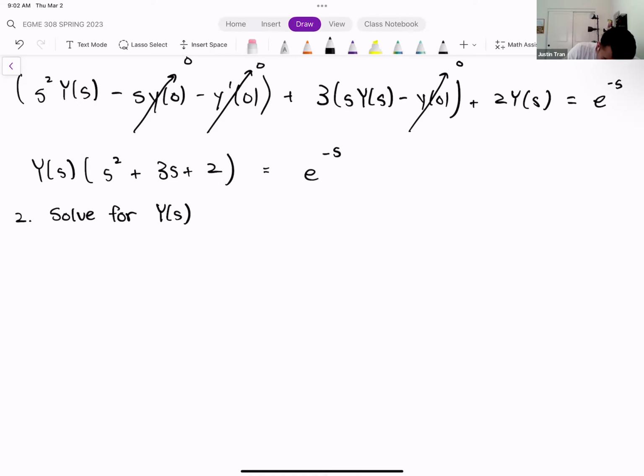And so we have Y of s is equal to e to the minus s divided by s squared plus 3s plus 2. Okay. Let's go ahead and factor out that denominator. And so the denominator is going to factor to s plus 1 times s plus 2.